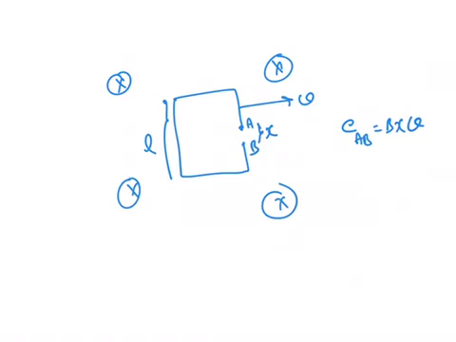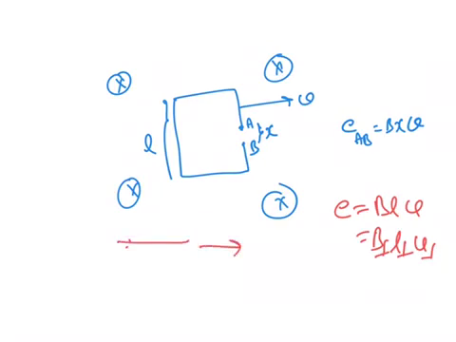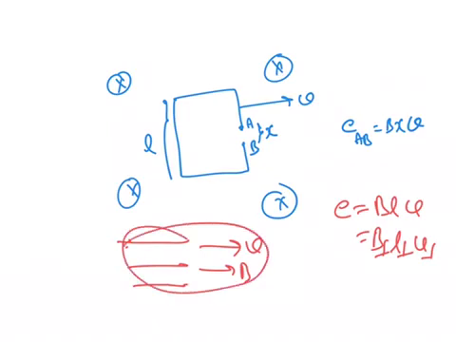Also you should always remember, whenever you are applying E equal to BLV, you should make sure that the magnetic field, length and velocity are perpendicular. If any rod is parallel to velocity or parallel to magnetic field, then in that case the EMF across the ends of the rod will be equal to 0.